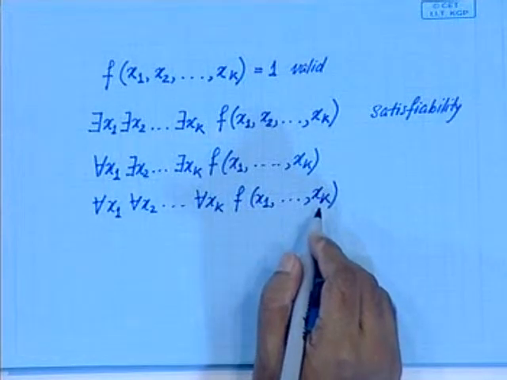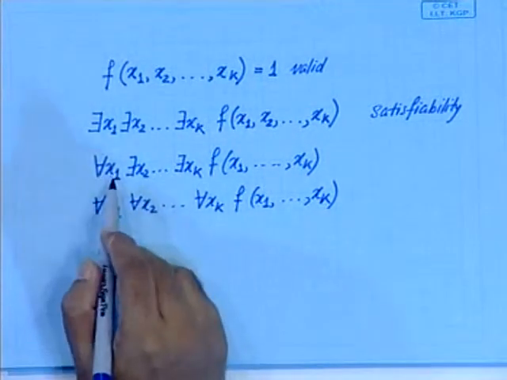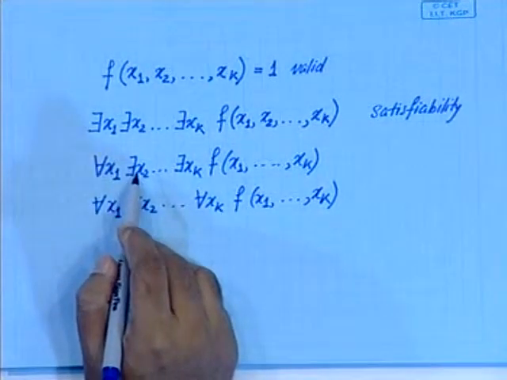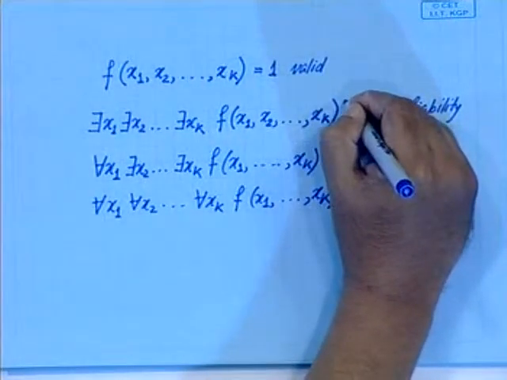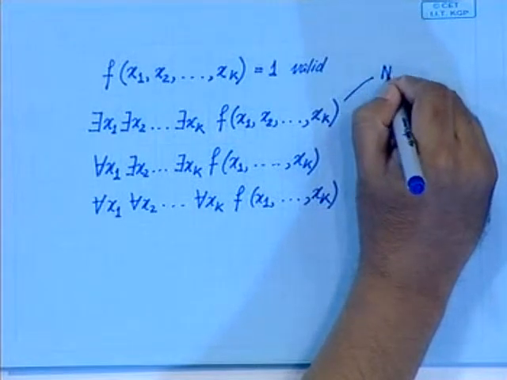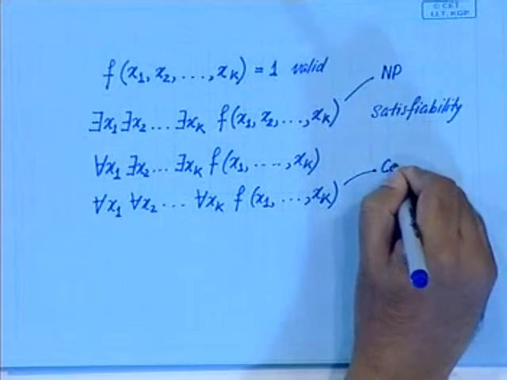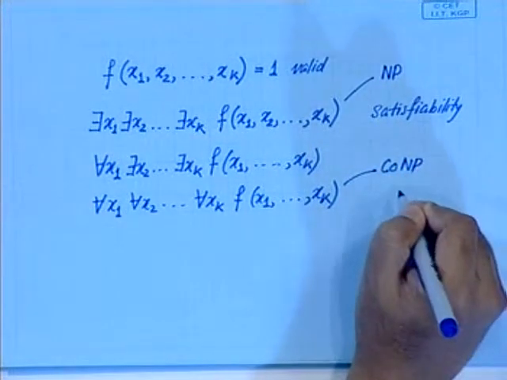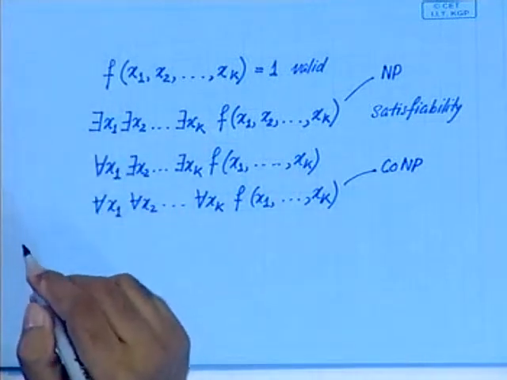For all valuations it is true, right. And then you start alternations, and with each, so this is in which class? This is in NP. Where is this? Co-NP, right. And then you now start growing in the polynomial hierarchy.